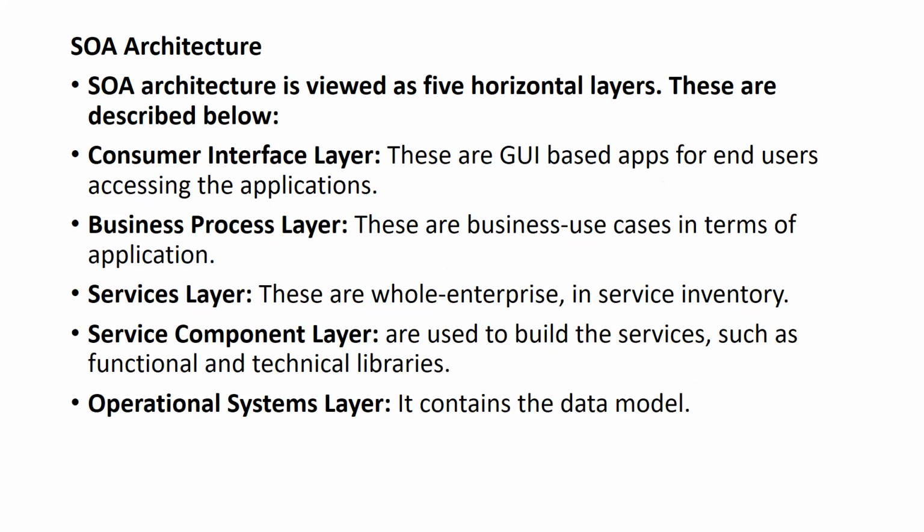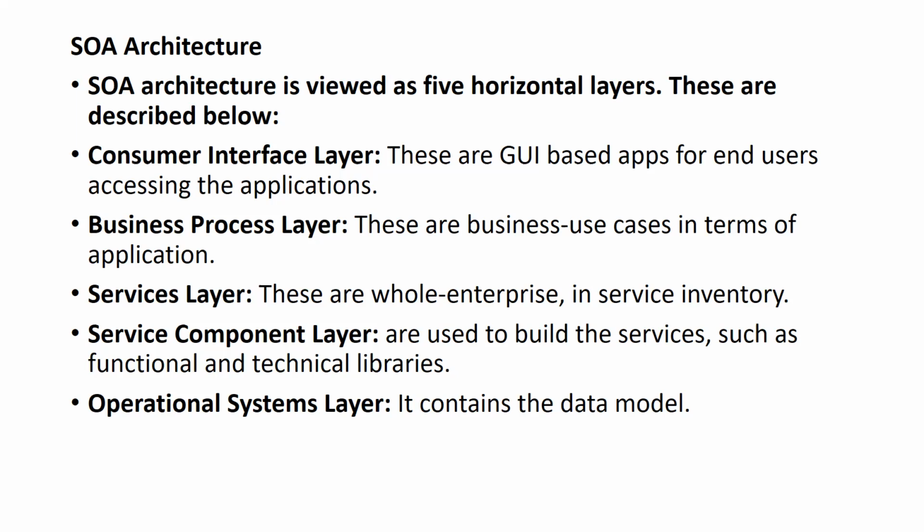Here we have given some layers of SOA. We will see each layer. The first one is the consumer interface layer. These are GUI based applications for the end users accessing the applications. The next one is the business process layer.